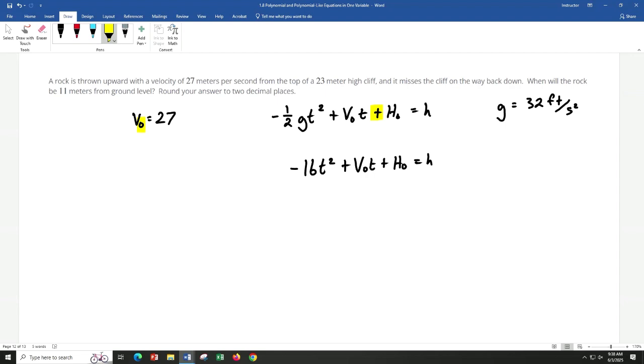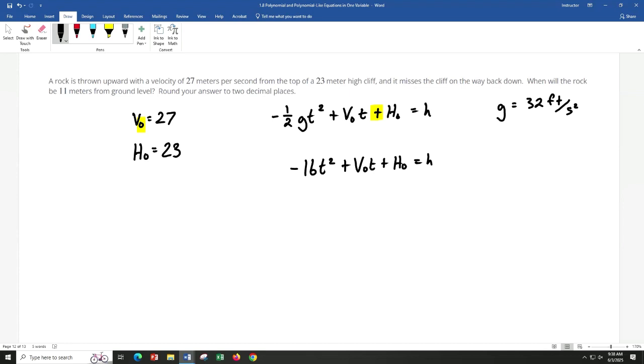It's just saying, hey, at this time, this is what's happening. So at the 0th time, that initial speed, v naught is 27. H naught, the initial height the rock was thrown from, is 23.